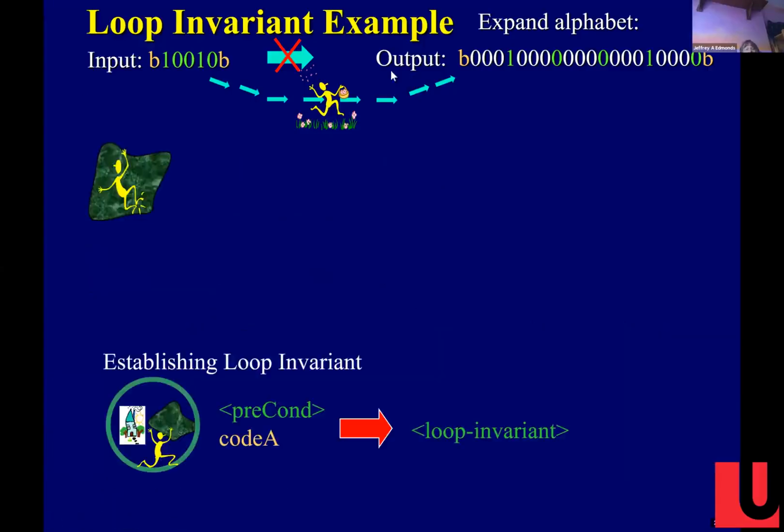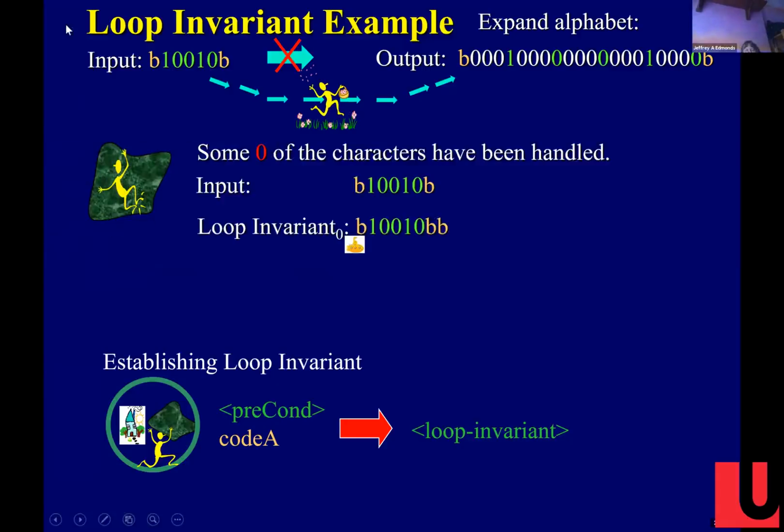So first, somebody was wanting the first iteration. And I don't like doing the first iteration first, but actually we're not going to do the first iteration. We're going to get to the top of the loop. All right? So what do we know? The input says that it looks like this, right? That's the picture for the input, right? What's the picture for loop invariant 0?